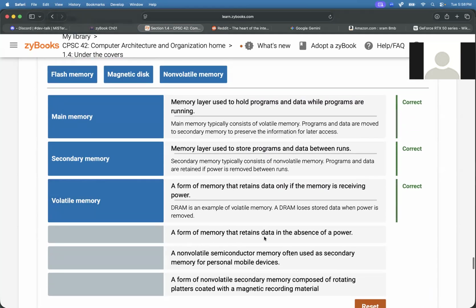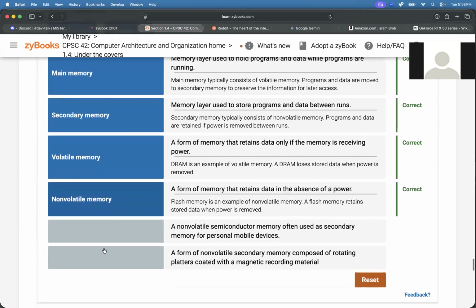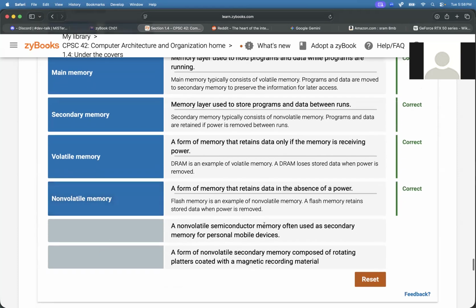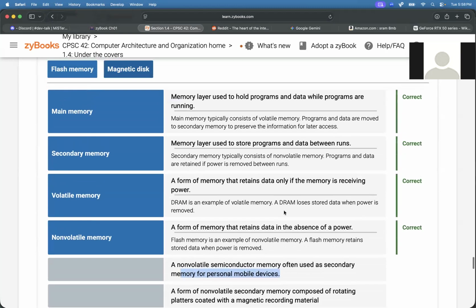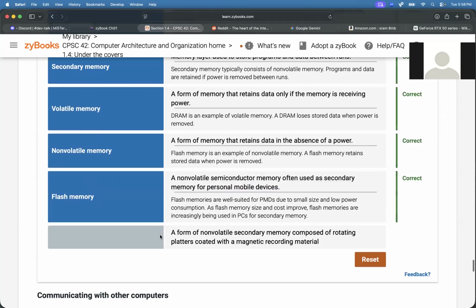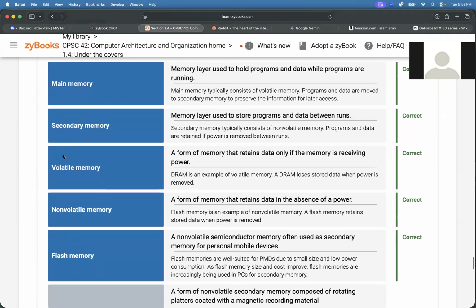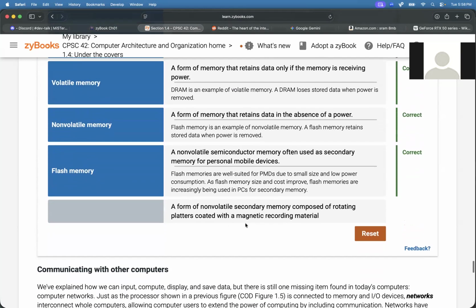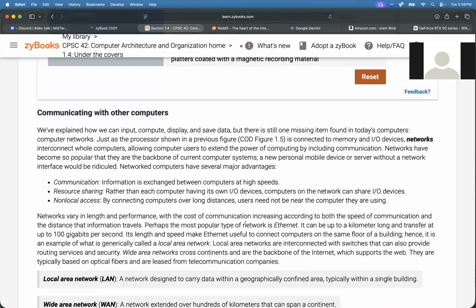If it retains data in the absence of power, that's non-volatile. And then non-volatile semiconductor memory often used as secondary memory for personal mobile devices. So what's a disk that you use a lot? That's going to be flash memory, like a USB flash drive or something. And then the last one must be the magnetic disk, which is like hard drives and things.